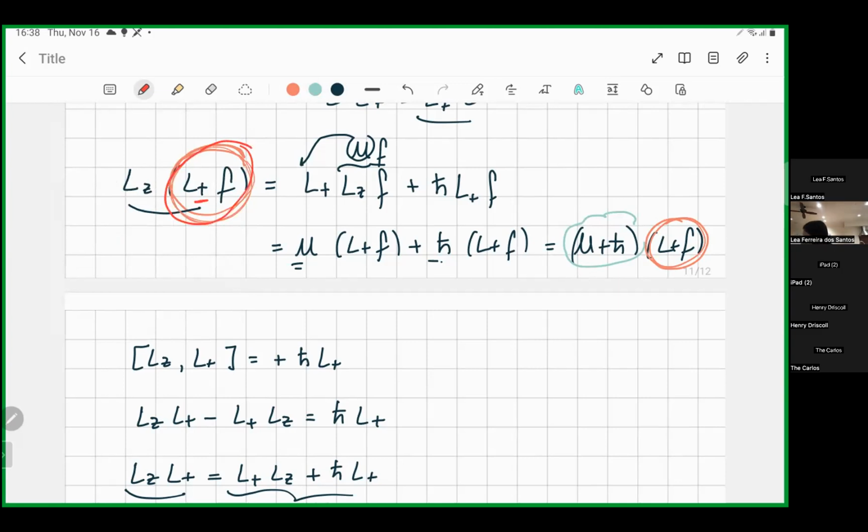What is going to change, if you go through this whole thing, is the minus here. Wherever there is plus before, we're just going to have to put the minus. And then you can double check that.